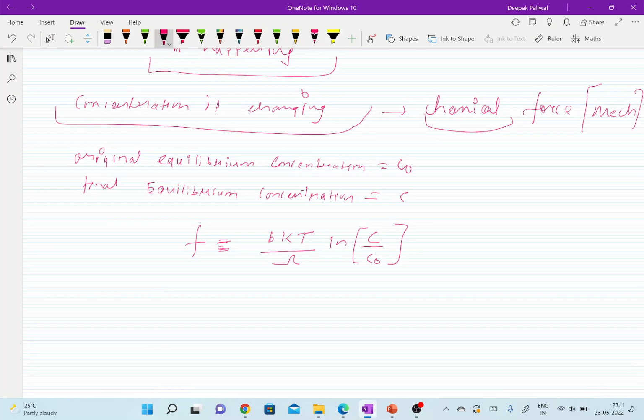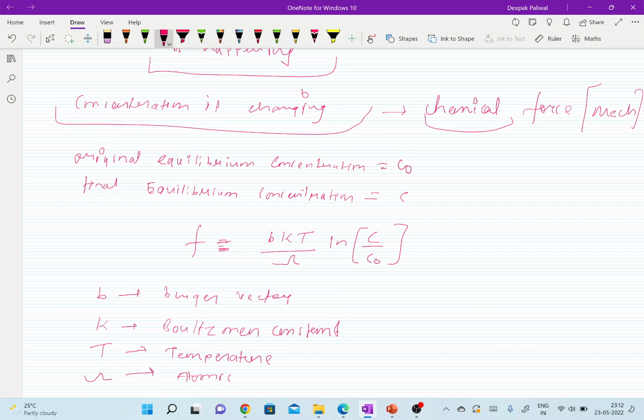So where b is what? Burgers vector, k is Boltzmann constant, T is your temperature, omega is atomic volume, and C is the concentration after having vacancy or interstitial.